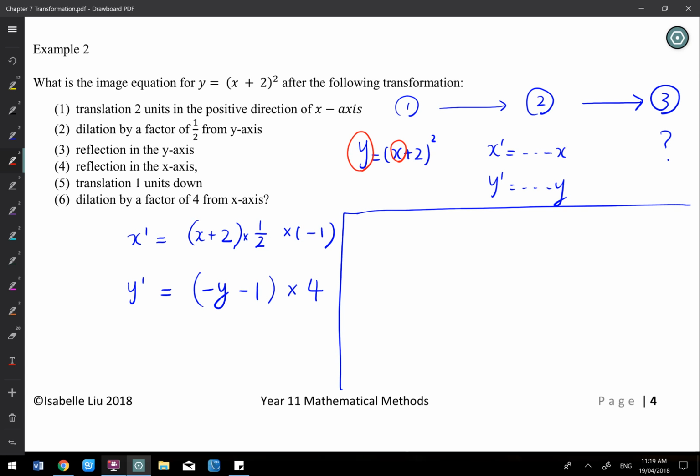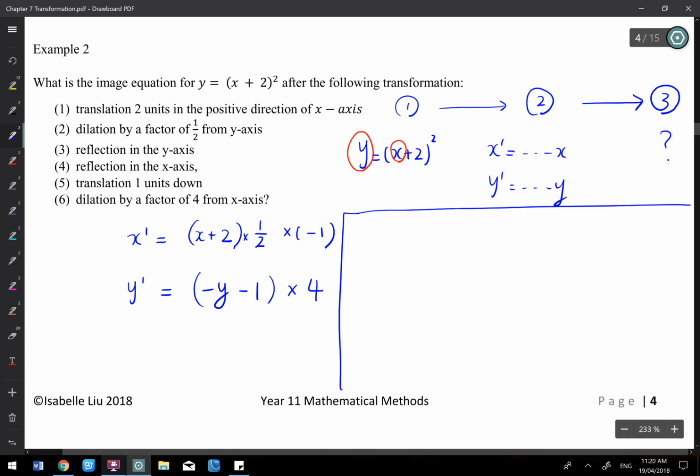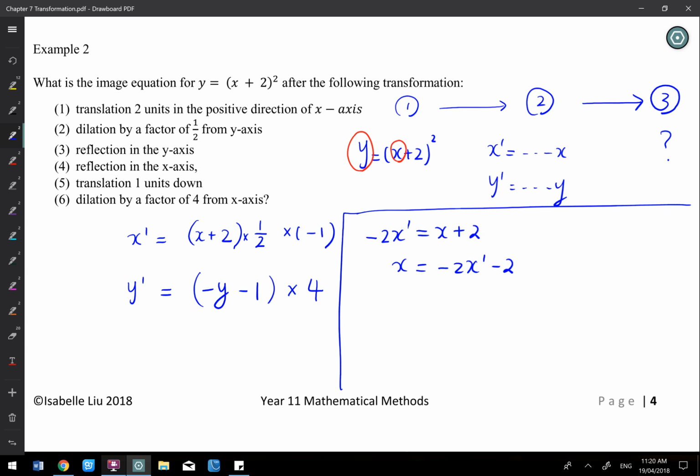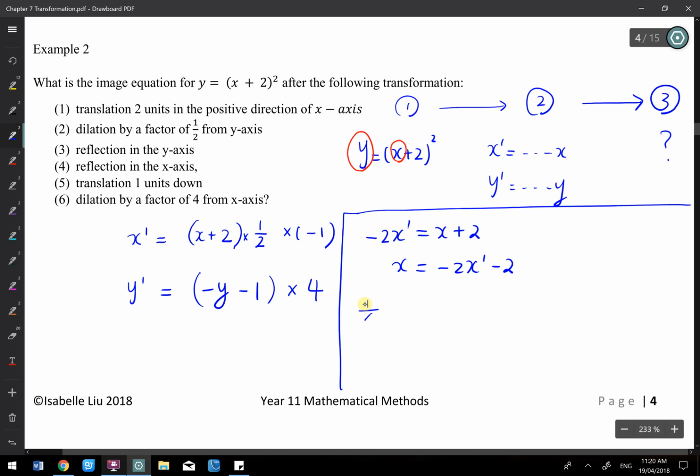So by rearranging it, we can times minus 2 on both sides. We have x plus 2, right? Times minus 2, and then x will be the same as minus 2x dash minus 2. For the y side, it's a quarter y dash equals minus y minus 1.